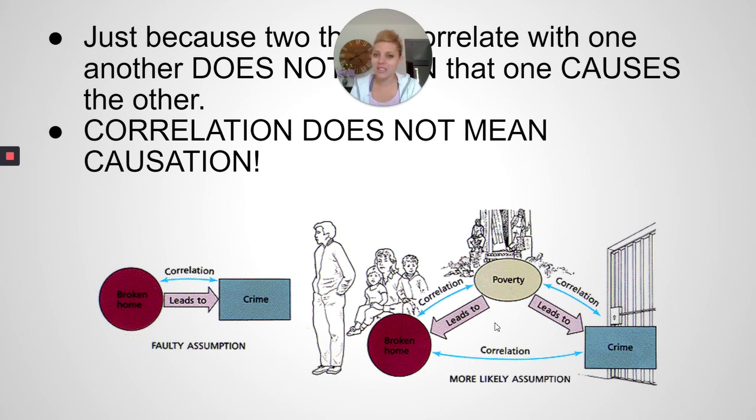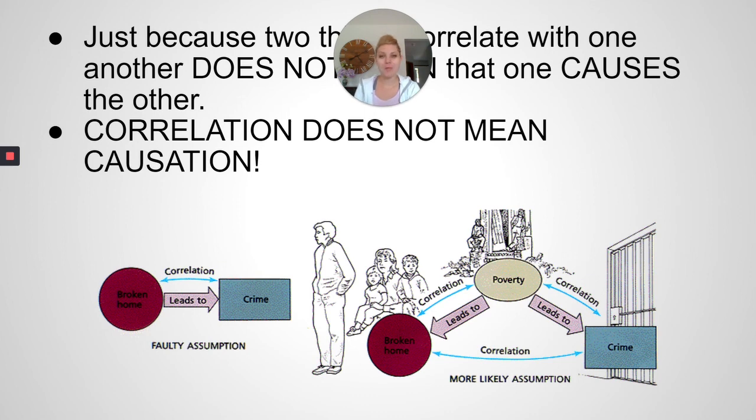That's really important that we identify in psychology as well as other sciences: just because I have two variables that correlate and they appear to have a relationship with one another, there can be a third variable that actually influences both of these variables, and that is what's having an impact on these things. And so just because things correlate to one another does not mean that one causes the other.